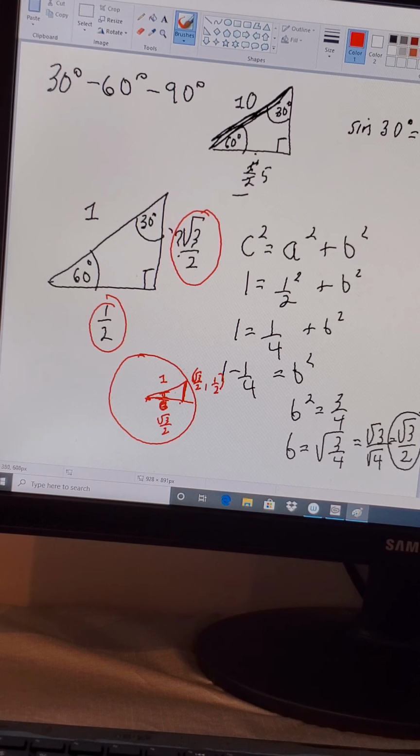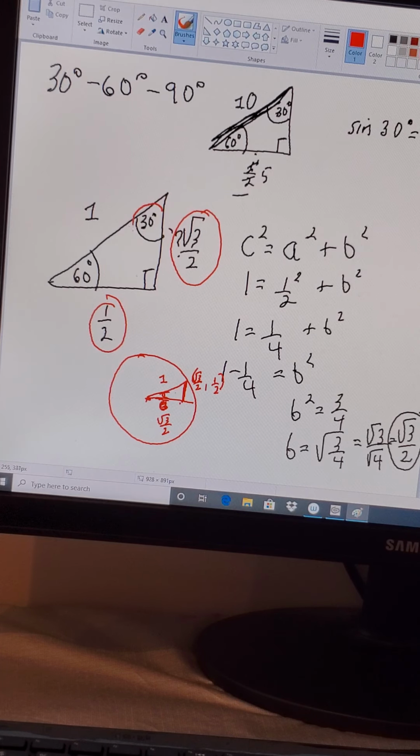Okay, so I've just flipped. That's why if you look on the unit circle at pi over 6, cosine is root 3 over 2, sine is a half.